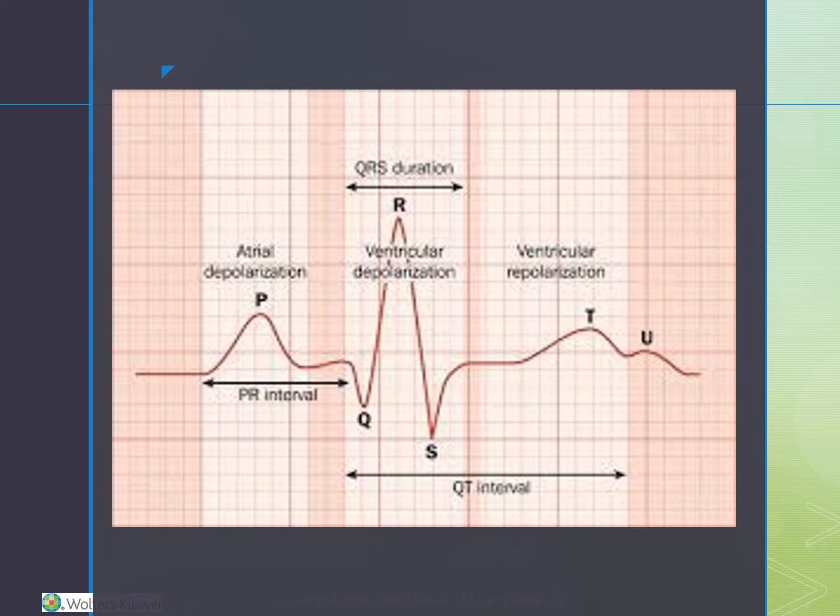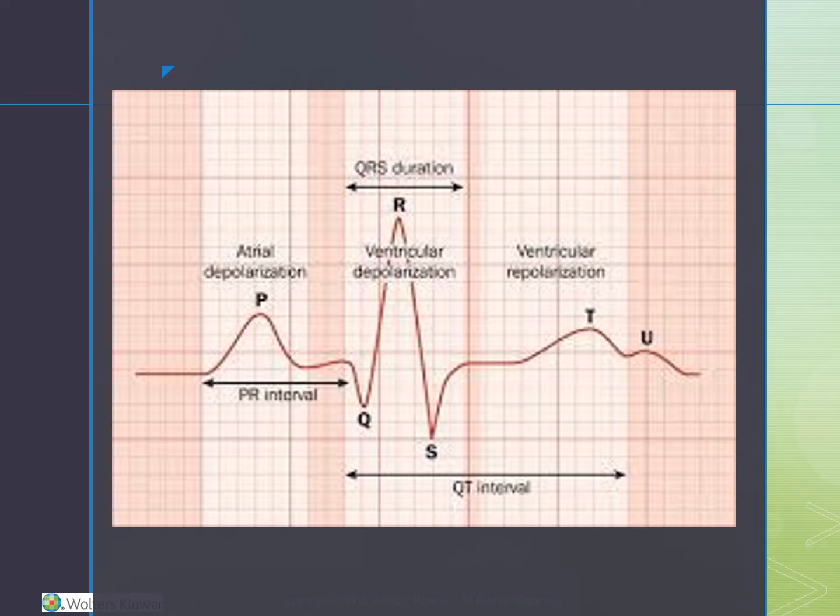So when we're looking at an EKG, first of all, is there a P wave in front of every QRS complex? We're looking at the rate, and we're looking at the rhythm: is it regular or irregular?